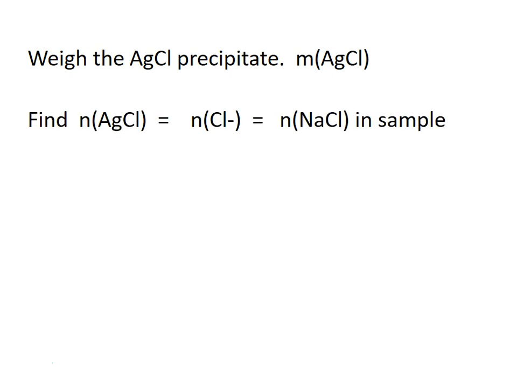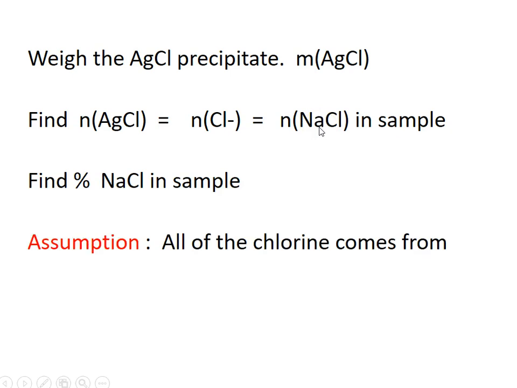So first, we have to weigh the precipitate, the silver chloride. We get the chlorine ions. For every one of those, we would have had one of those, and we get one of those from here. So the amount of this equals the amount of that. To find the percent, we're assuming we're using this to indicate this.